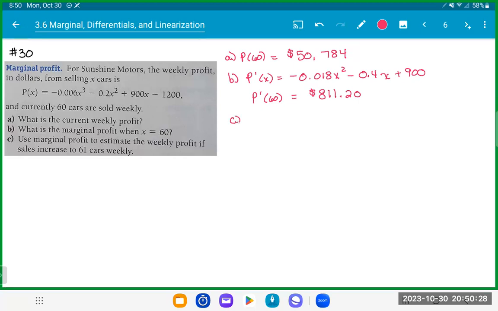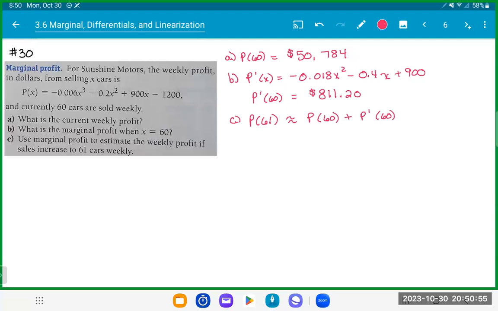So finally, part C, we want to use the marginal profit to estimate the weekly profit if we sell one more car, right? So my profit at 61 cars is approximately my profit at 60 cars plus the derivative at 60 cars.